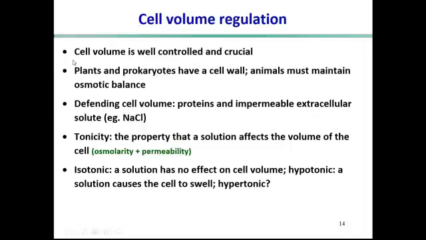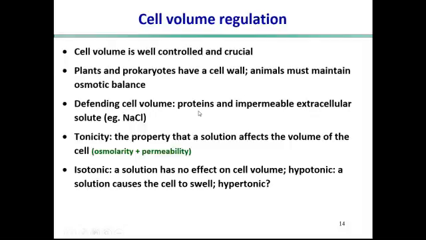Plants and prokaryotic cells have a cell wall which is rigid, but animal cells must maintain the osmotic balance, otherwise, because their membrane is fluid, a fluid mosaic, it's easy to move around. It's not as rigid as a cell wall. That's why cell volume regulation is very important.